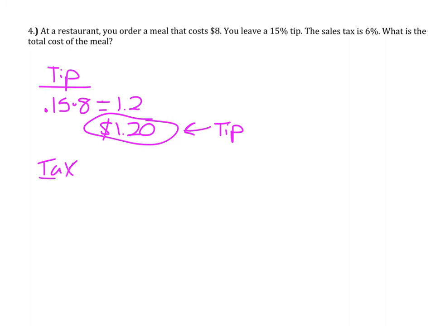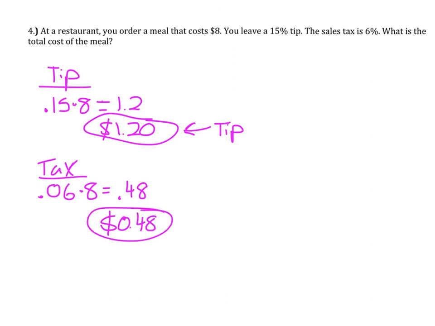So the tax, we're going to multiply 6% times 8, and for 6% we have to do 0.06, not 0.6. 0.6 is 60%. For 6% we do 0.06 times 8, which gives us 0.48. So our tax is going to be 48 cents.